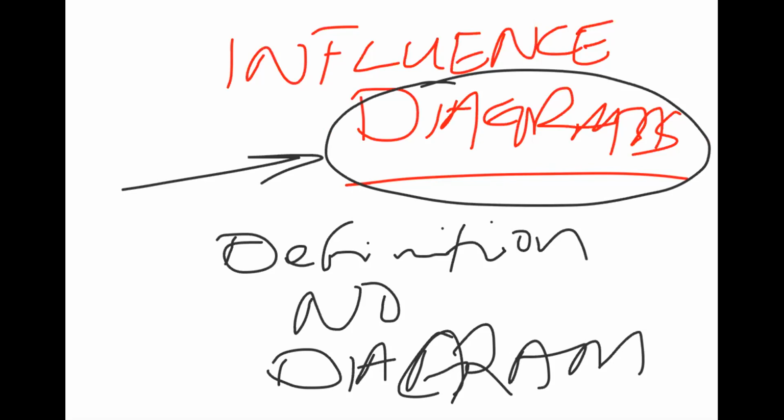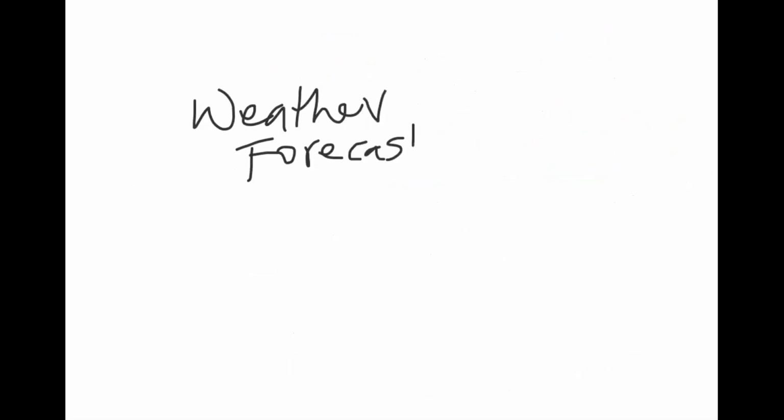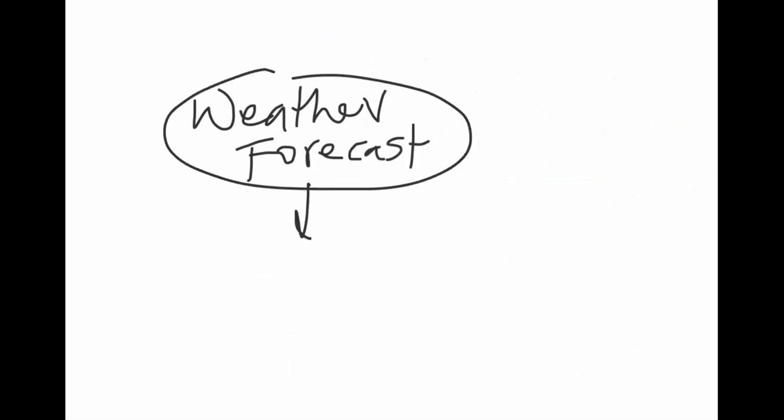There's no image in the PMBOK guide. Now, if I go to Wikipedia to take a look at their representation of what this thing is, I can at least make sense of what they're saying. Weather forecast is going to have a bearing on our vacation activity.